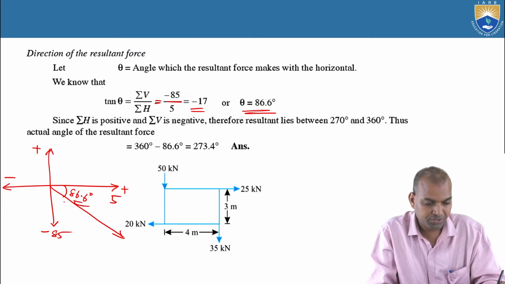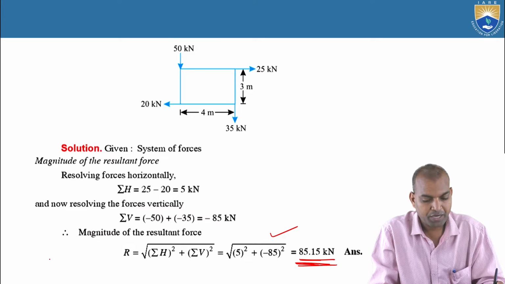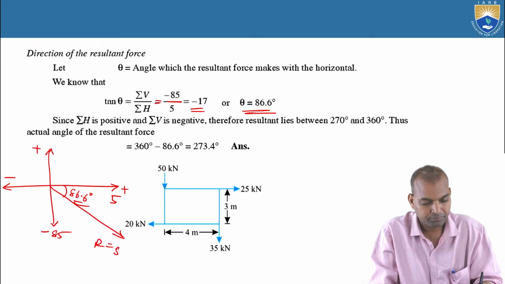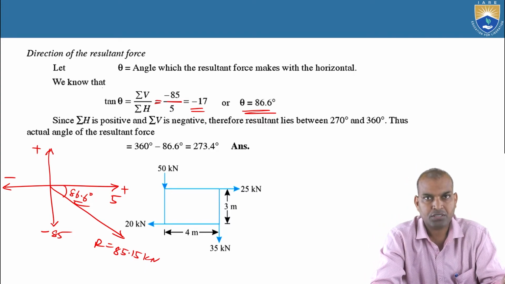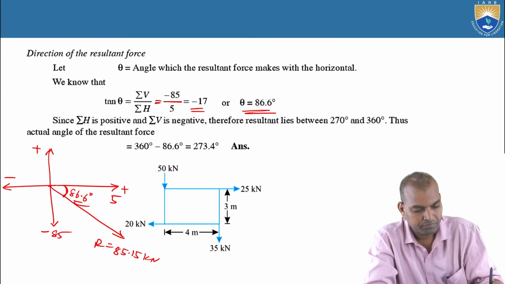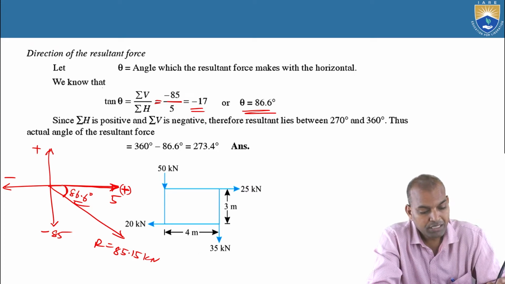That is the angle with which it is acting, theta. The value of R is 85.15 kilonewtons. Now, what is the angle?